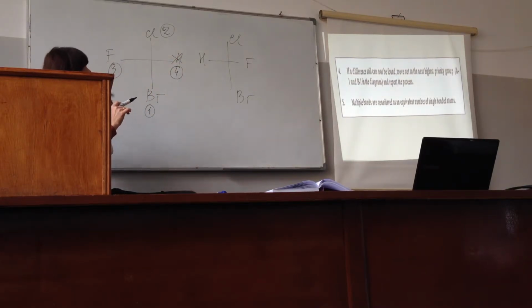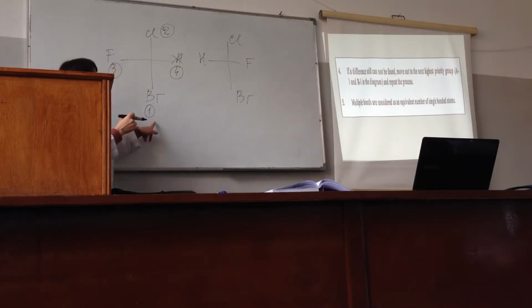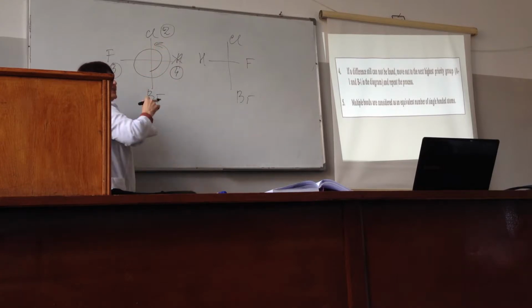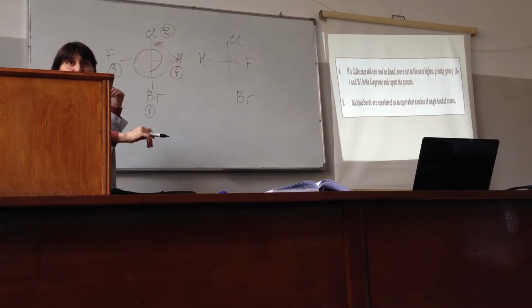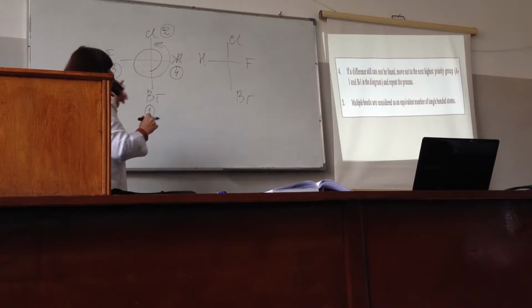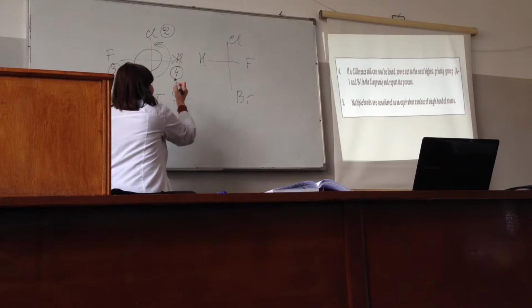And then look how your priority decreases. Remember that number 1 is the group with the highest priority. This is the major group. So you have an anti-clockwise direction. So the absolute configuration of this one has to be S.